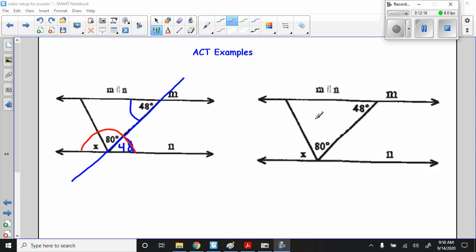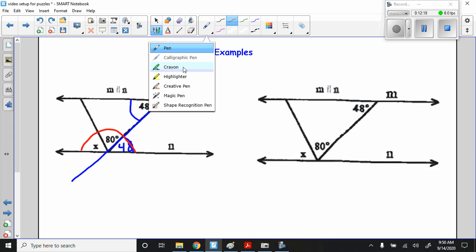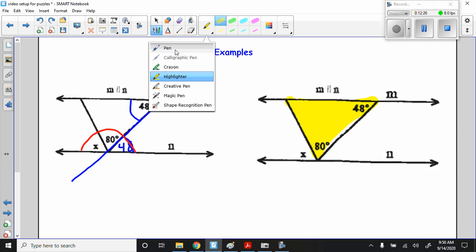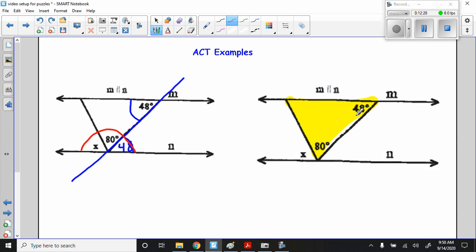The other way I could do this is I could complete the triangle. So here's a triangle in here. The interior sum of that triangle is 180. So I would say 48 and 80 plus 52 is 180, and then I could see this transversal as well.